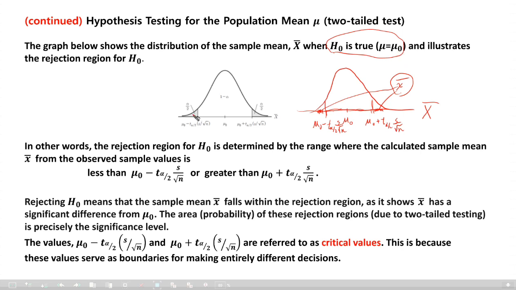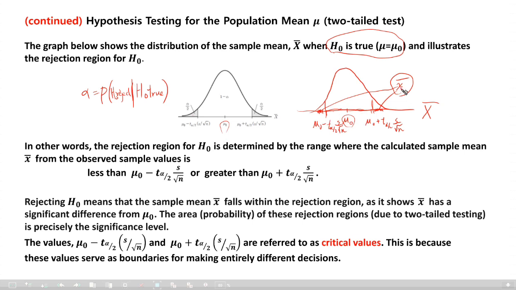So the sum of these two areas equals alpha. What is alpha? Alpha equals the probability of rejecting H0 given H0 true. That is alpha, right?